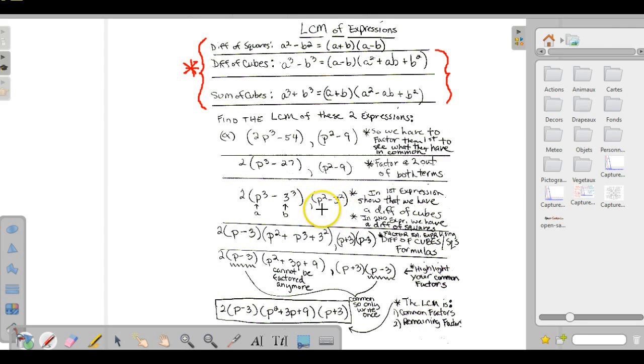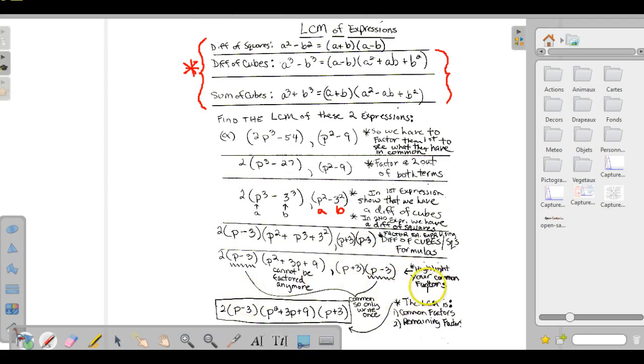This would be our A, and this would be our B, and the formula for the difference of squares is just A plus B times A minus B. So that would be p plus 3 down here times p minus 3. Now both of our expressions are factored completely.